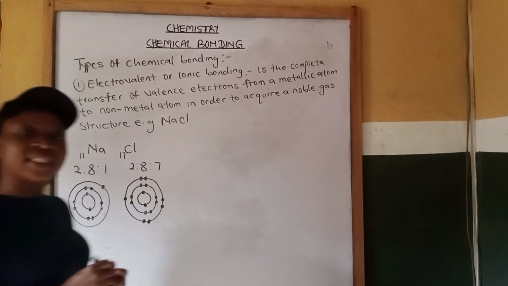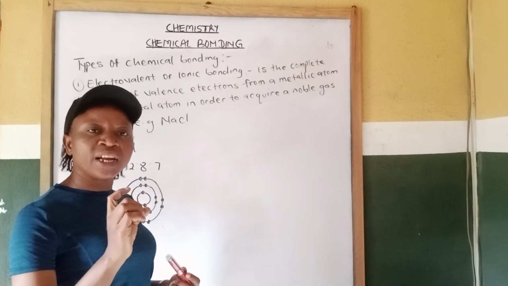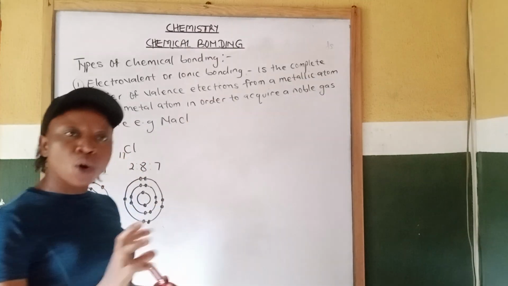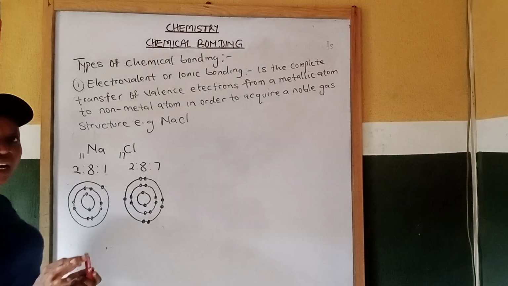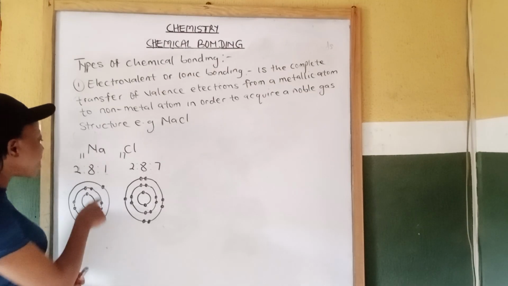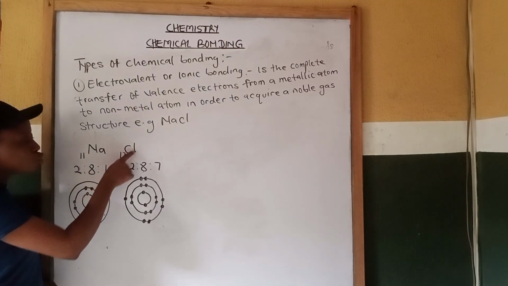Don't forget that those elements with 1, 2, or 3 electrons donate electrons to acquire a stable structure of a noble gas, that is, to acquire the octet structure. So sodium will give out this 1 electron to chlorine.